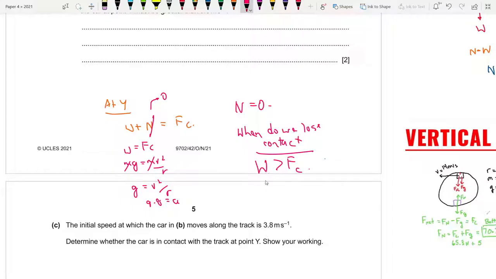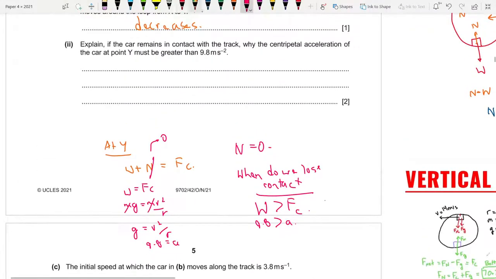So if 9.8 is greater than the centripetal acceleration, if acceleration is less than 9.8, we will lose contact. So remember, to stay in contact with the surface, centripetal force must be greater than the weight. To be in contact, this is the golden rule.